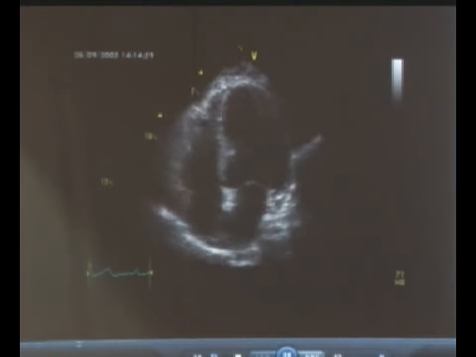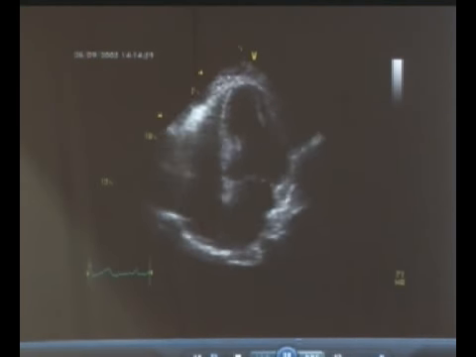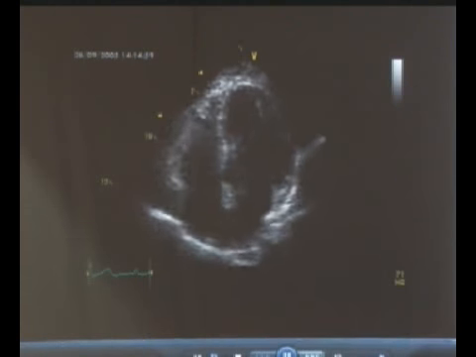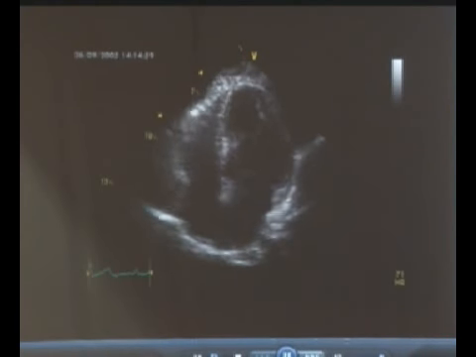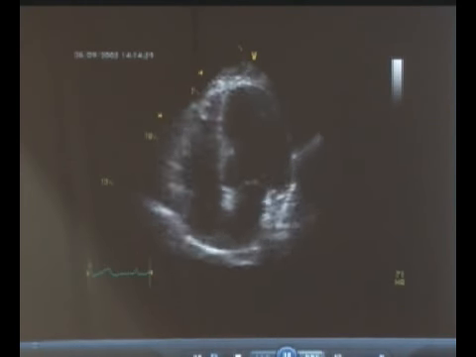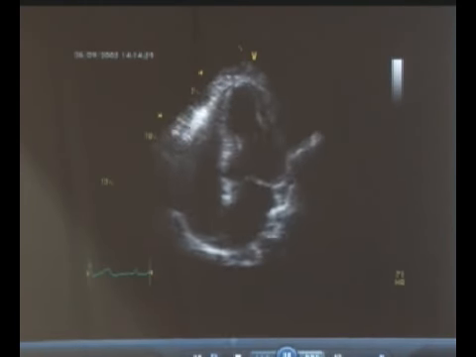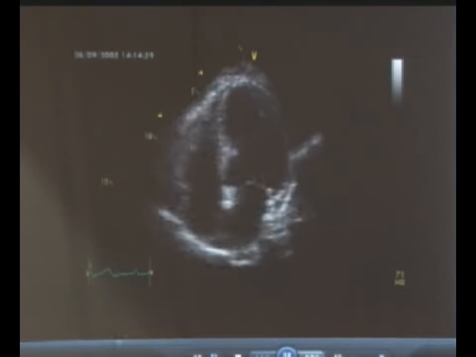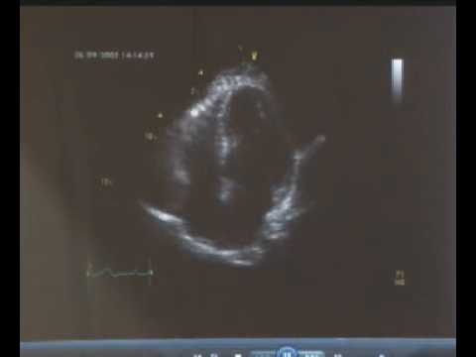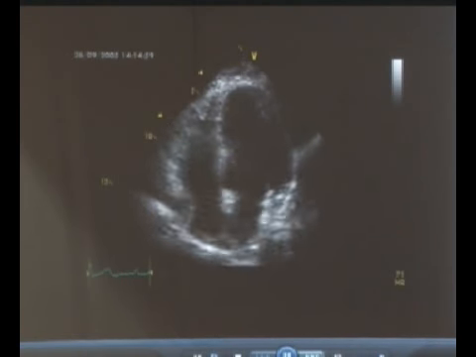There is no thickening at all, and that is why I say you should have at least 300 guided echoes before you start commenting by yourself on wall thickening abnormalities. Not a difficult job.